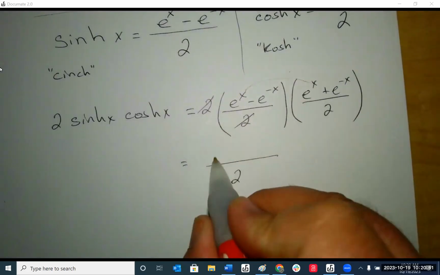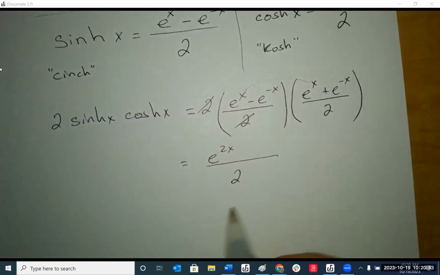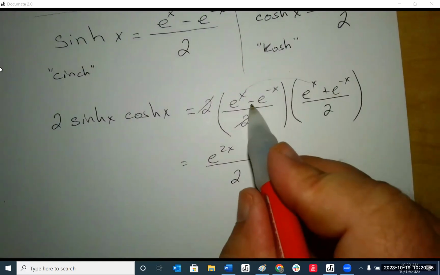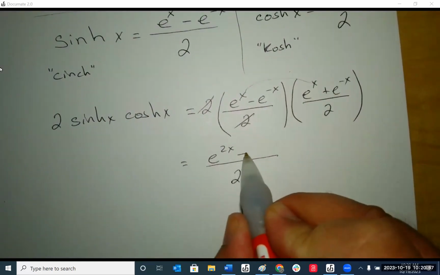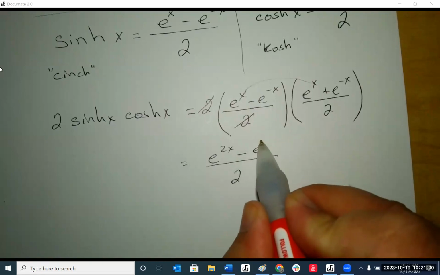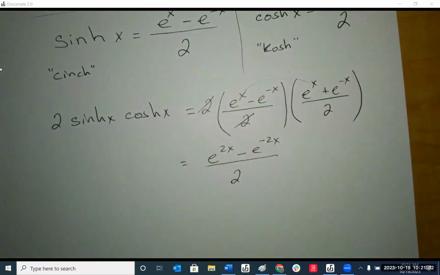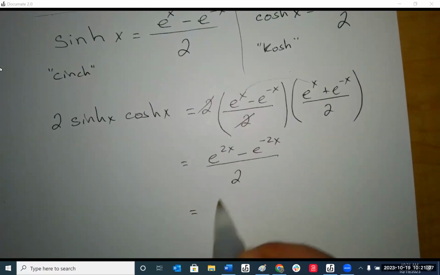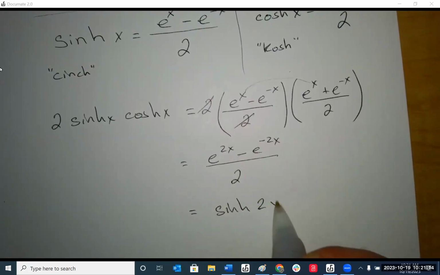And we have e to the x times e to the x makes e to the 2x. The difference of two squares, the middle terms cancel, so we have minus e to the negative 2x. And since it's minus, this is the hyperbolic sine of 2x, since that's our u. All right, so that's what we'll be dealing with in this half of the course.